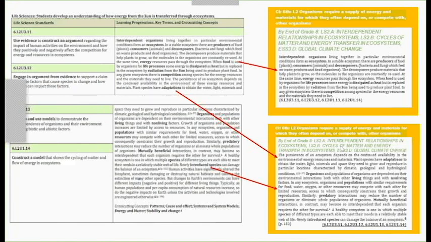I would also give my teachers the learning progression that you see here. And you can break them down into chunks of information to make it a little bit easier to understand. And then ask them to match up these different learning progressions, or I call them cards because I made them into cards, to their topics that they've already organized. And then I would ask them, is there anything missing?